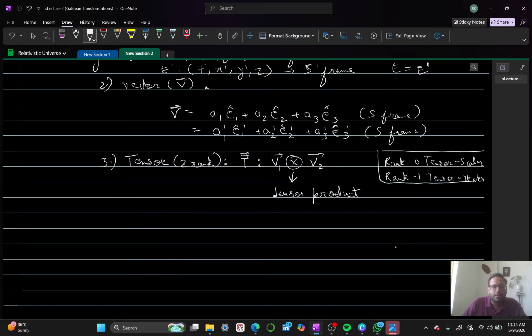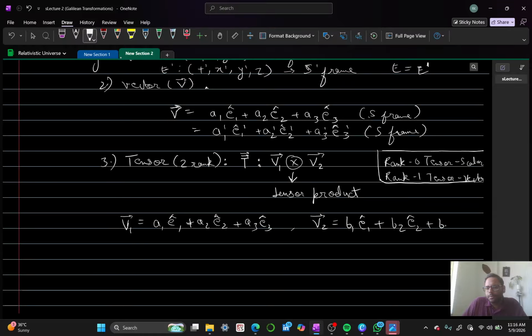Suppose this was my vector representation, and suppose I have a vector a like this, with components a1, a2, a3, and suppose I have a vector b like this, with components b1, b2, b3.